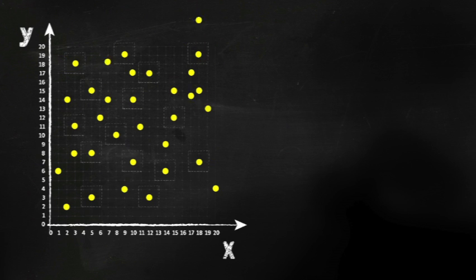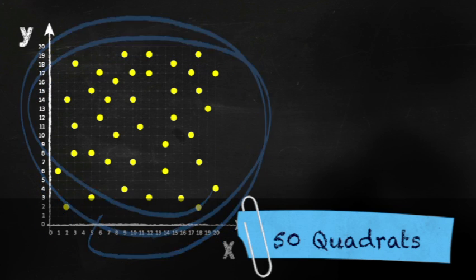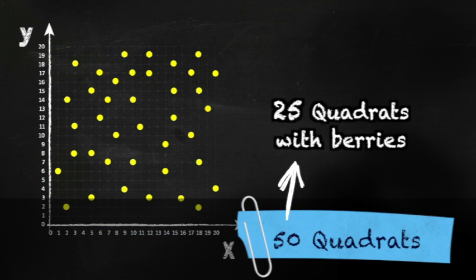But there's no way of knowing in advance how many quadrats will actually contain berries. This is why, before going on the field, we will select many more locations than the 25 we need. In fact, we'll randomly select 50 quadrat locations. That way, we'll be sure to have at least 25 with berries.